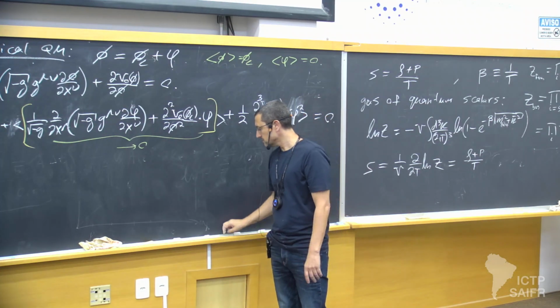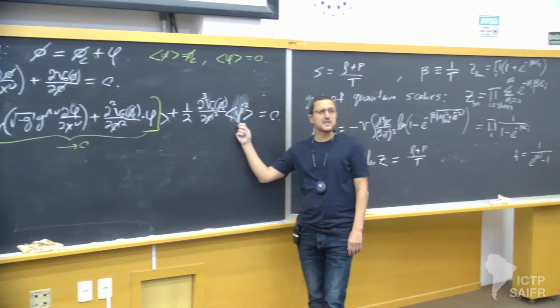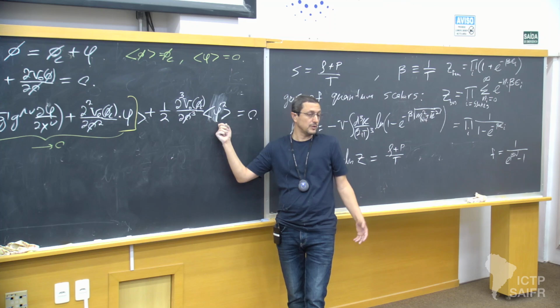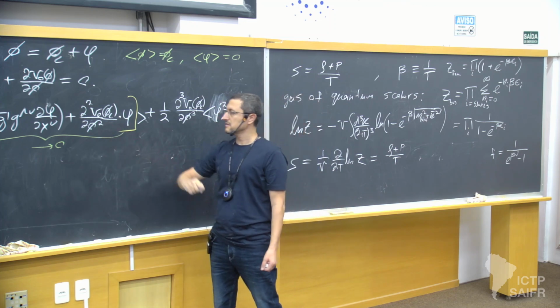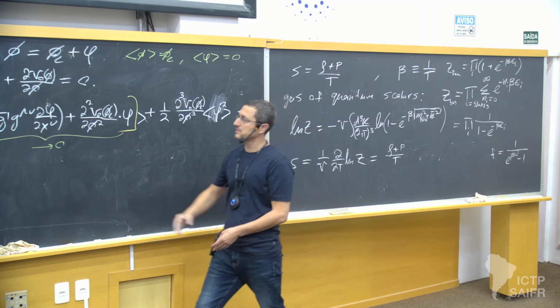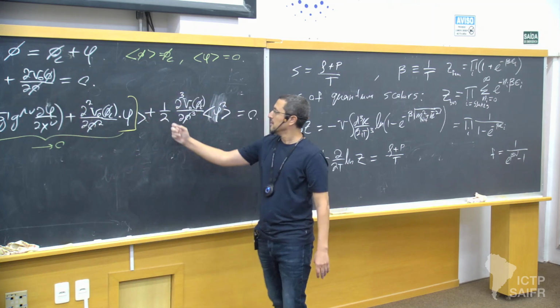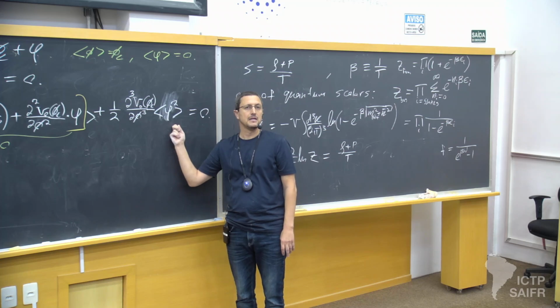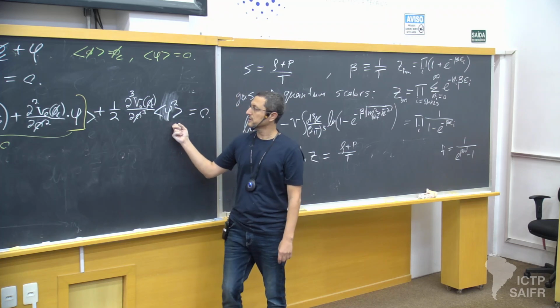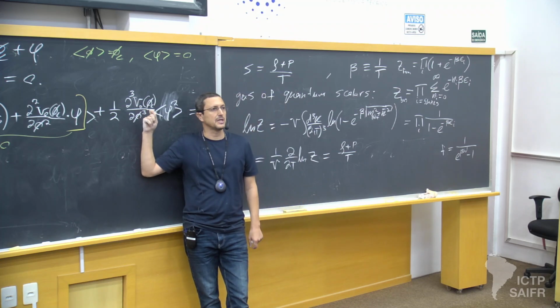And so the expectation value of something squared might not be 0, and will not be 0. But given that that is 0, our effective equation of motion is the original one plus something proportional to the expectation value of phi squared. Another comment to notice, look at this crazy third derivative of the potential.